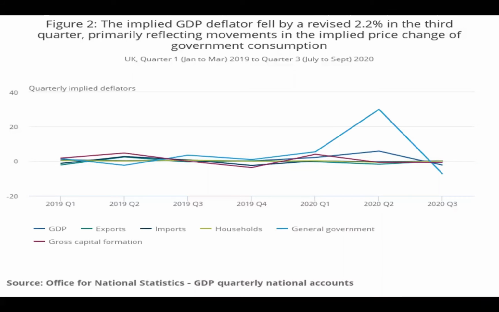Next, we have the real GDP increased by the revised 60% in quarter 3 of 2020, which is reflecting the easing of lockdown measures and some recovery from the sharp contractions in April.